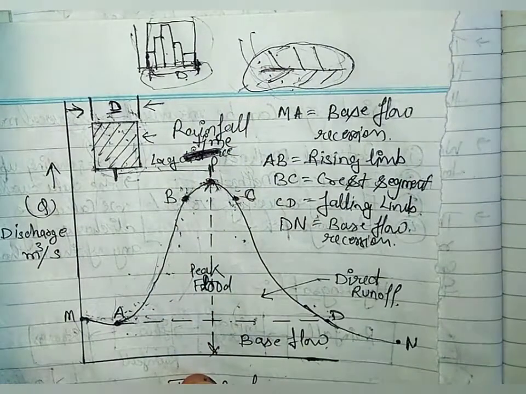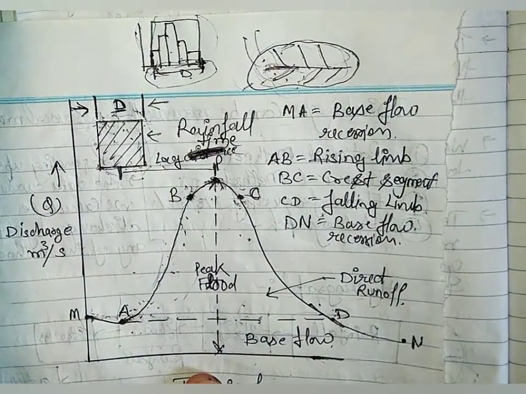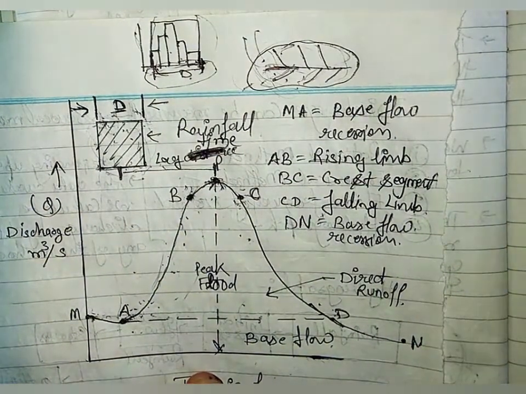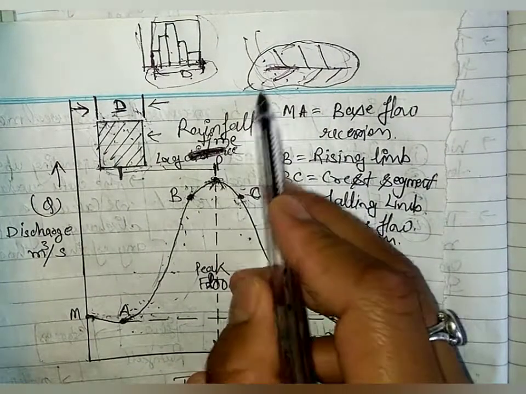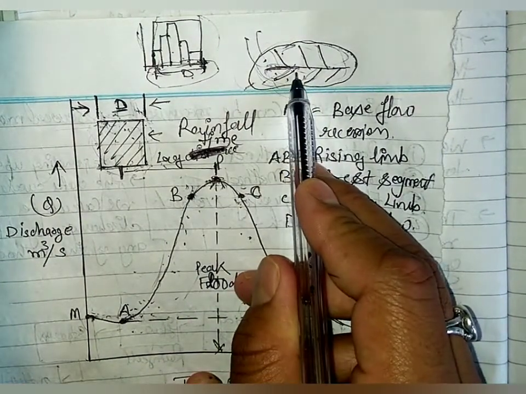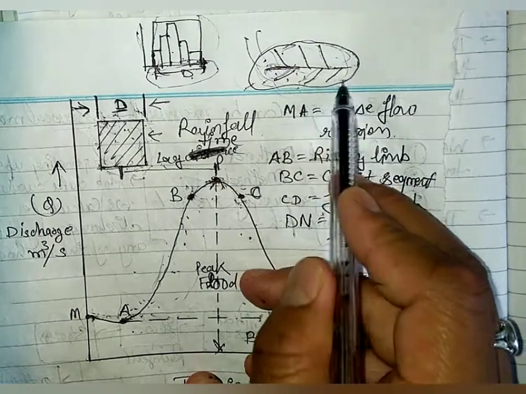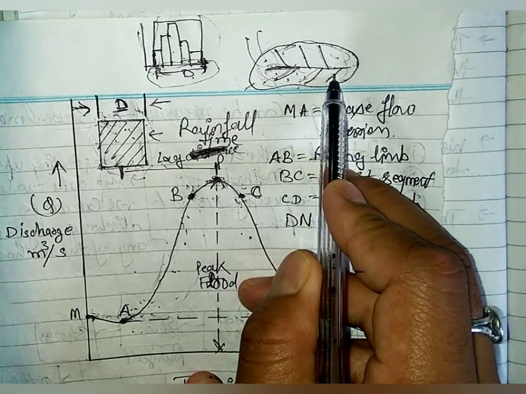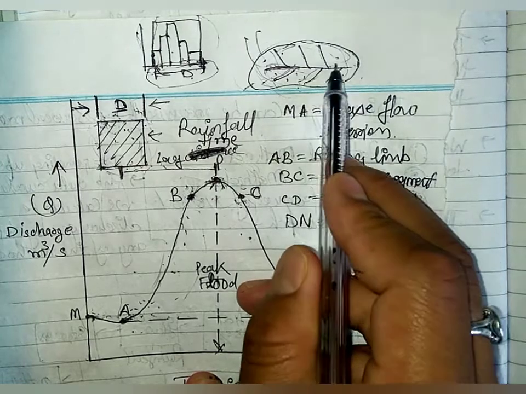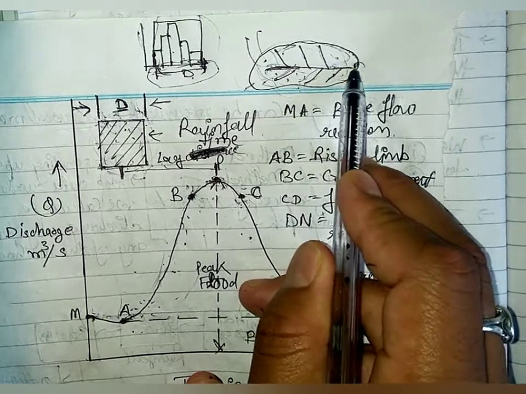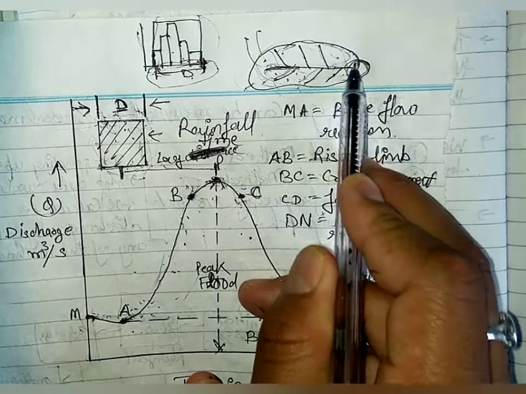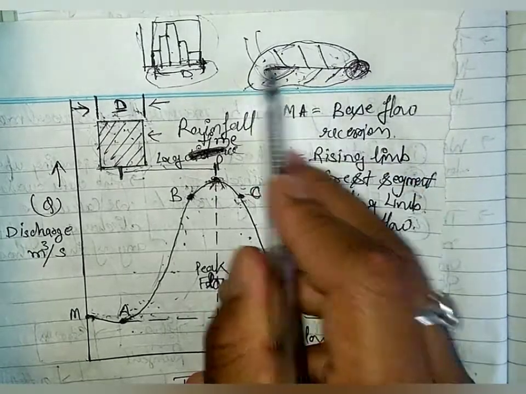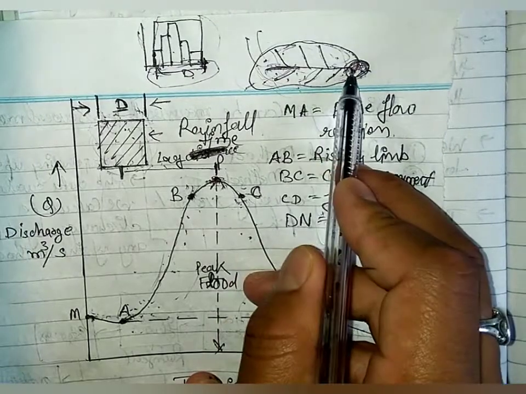As the storm continues, more and more flow from distant parts of this catchment reaches the basin outlet. So your water is finally reaching this outlet point after a certain time duration.